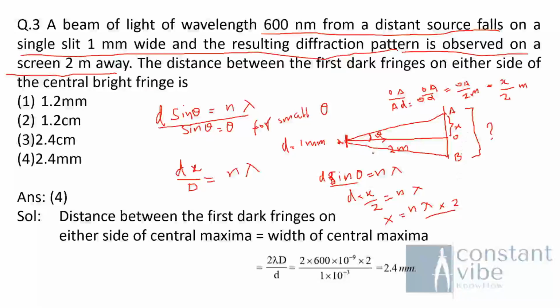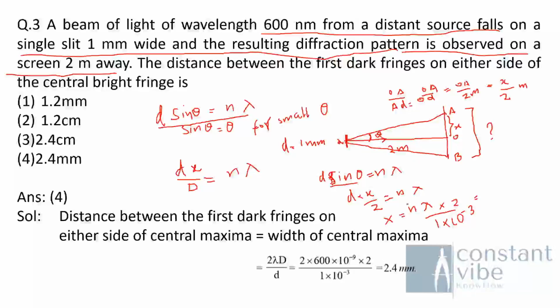What is d? d is provided 0.1 mm, that is 1 into 10 to the power of -3 meter.